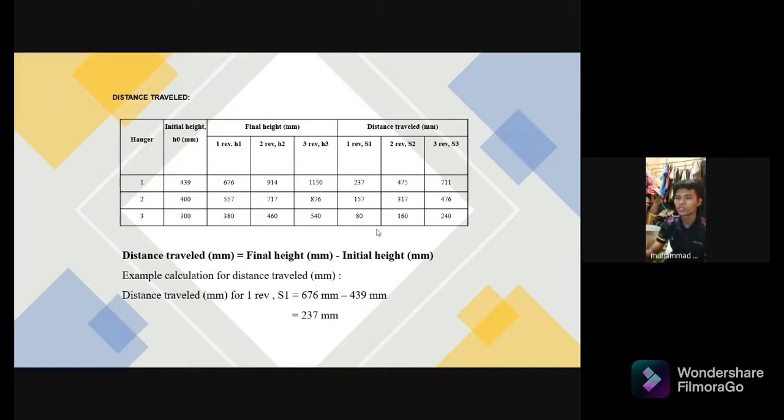The example calculation for the distance travel is, assume that for 1 revolution in hanger 1 the final height is 676 millimeter, minus the initial height of 439 millimeter.